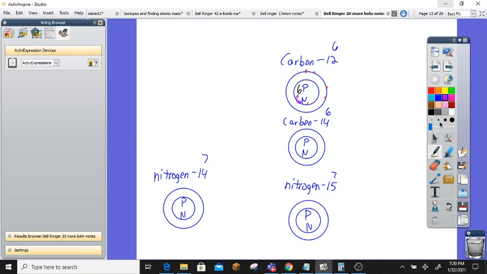Now if we look at the next one, the bottom one here, carbon, 6 protons, 6 electrons, 2, 3, 4, 5, 6. And then we're subtracting the mass here. 14 minus 6, 8.